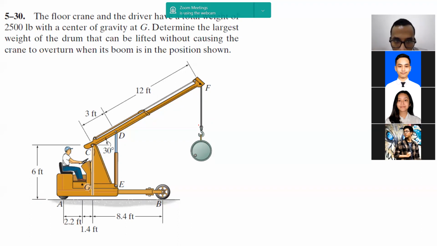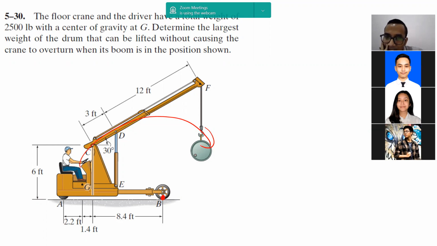And when it rolls forward, which part of the crane will become the center of rotation, Audrey? Point F. Point what? Point F. No, not point F. This one. C. B, right? Try to imagine, okay? If you pull it too much at point F, the crane will rotate, and the center of rotation will be at point B, right?